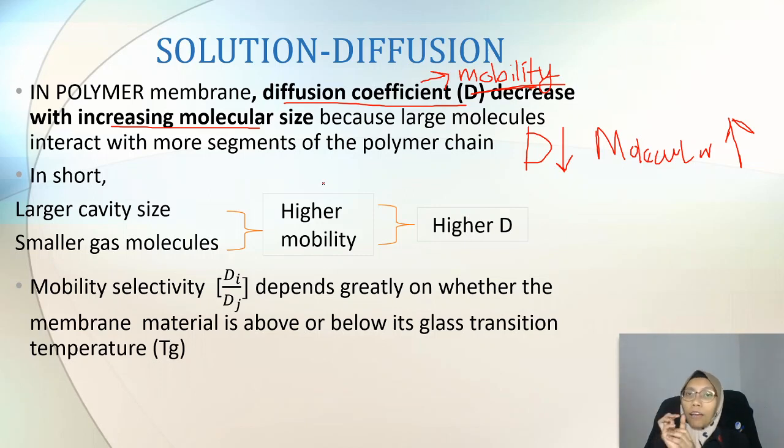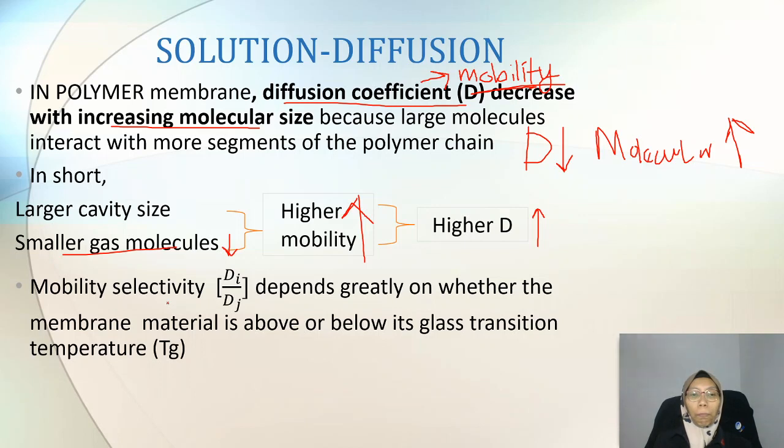If you have smaller molecules, then they can move freely through the membrane material. So in short, a smaller gas molecule should have higher mobility and give you a higher value of diffusion coefficient.